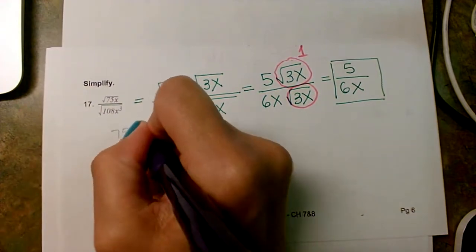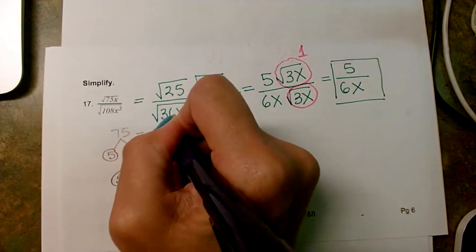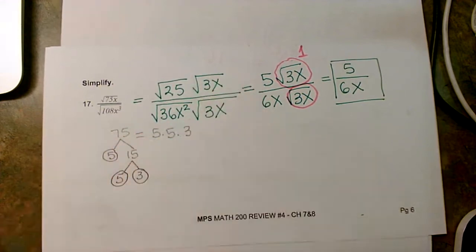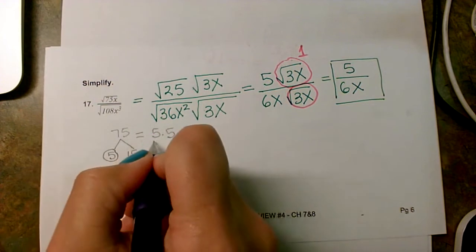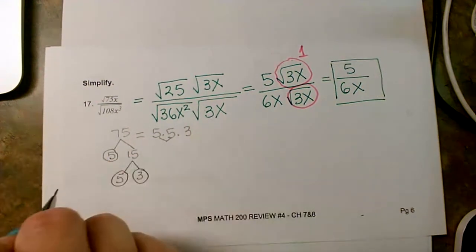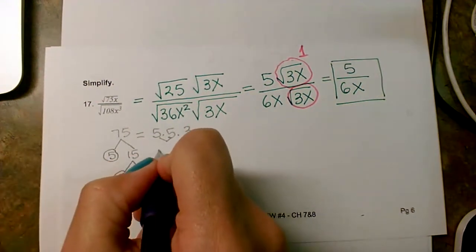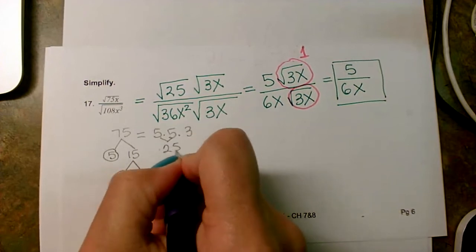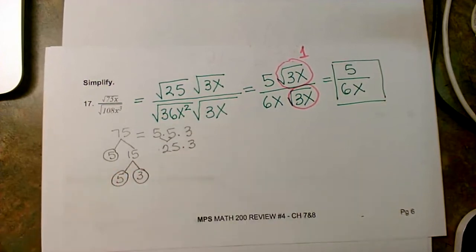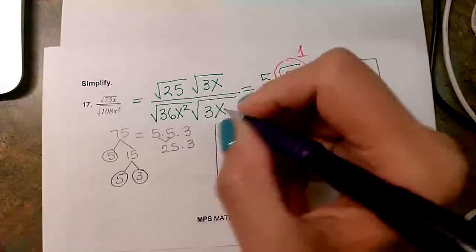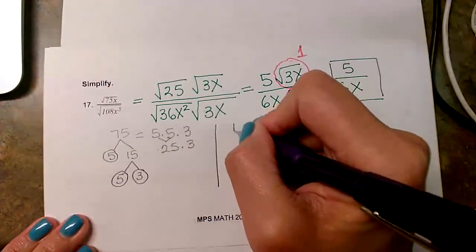So what do we have? I have a 5 times 5 times 3. That's where you know here's the perfect square root. Right here, you have a 25 and a 3. You guys see that? And the same, sorry, with the 108.